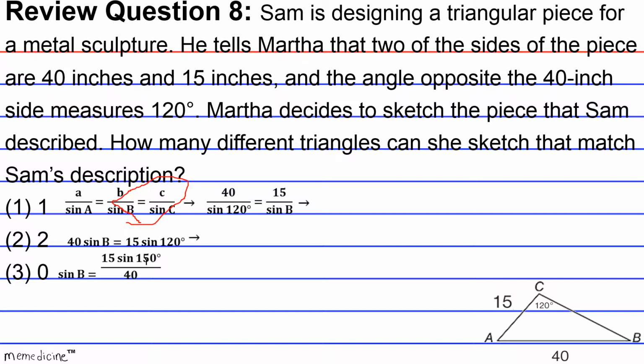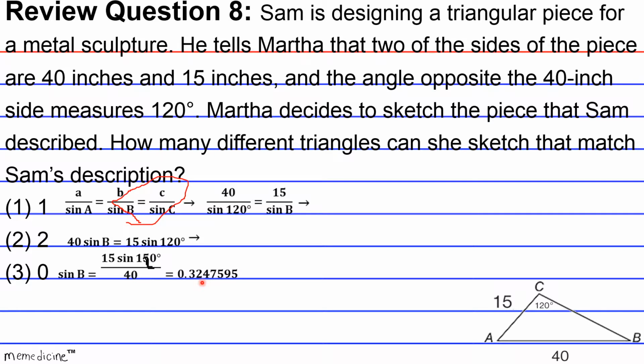Hopefully you can see this. And when you go ahead and evaluate this expression, you get 0.3247595. And this sounds about right for a sine value. They usually fall between 1 and -1.